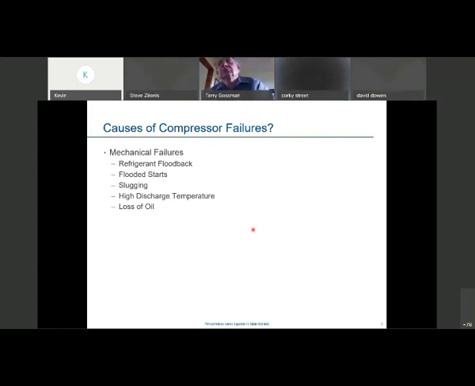Flooded starts is when you have migration in the off cycle. Liquid refrigerant has an affinity for the oil in the system, and the liquid refrigerant comes back to the crankcase of the compressor and condenses there and causes a flooded start. That flooded start can do a variety of different things.